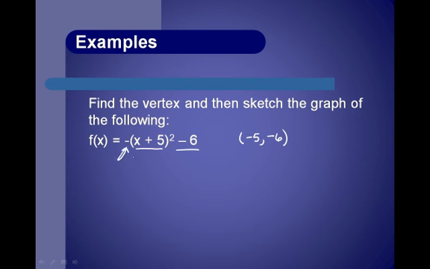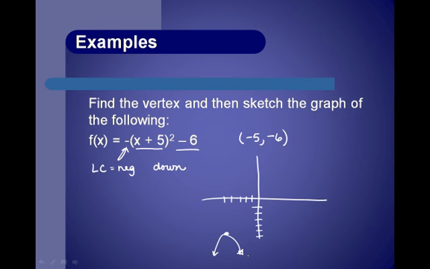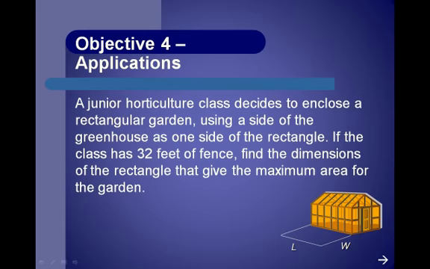Now remember, we talked about the leading coefficient, what's out in front of the x term. The leading coefficient is negative, so our parabola is going to open downward. So when we graph that, we've got (negative 5, negative 6). So our vertex would be right there. Because it's a negative x squared, we know it's opening downward, so our sketch of our graph would look something like that right there.